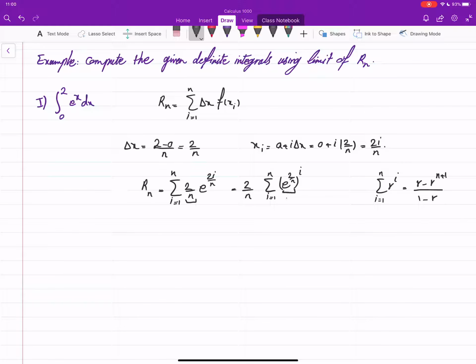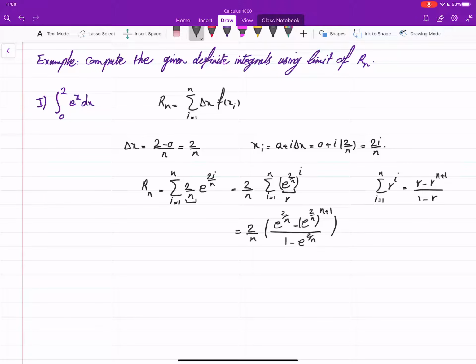Here r is e to the power 2 over n, so we have 2 over n times e to the power 2 over n minus e to the power 2 over n to the power n plus 1, over 1 minus e to the power 2 over n.